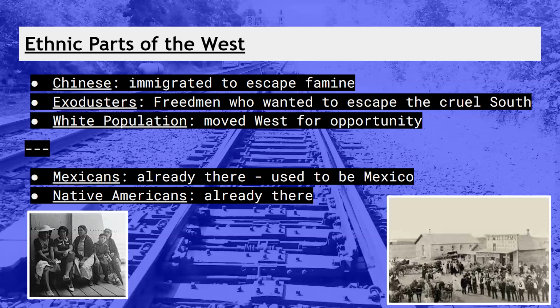So some of those people might have not even known that they were now not even in Mexico anymore because it changed, or maybe they just didn't want to move because they said that's my land and it doesn't matter. And then Native Americans, well, as we know, they were already there before any Europeans came at all.